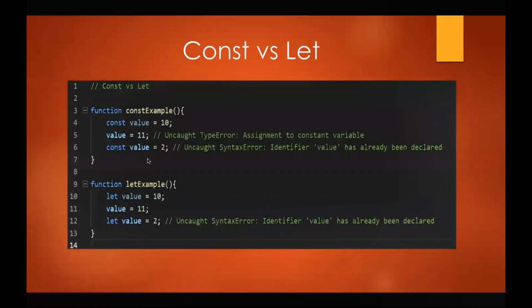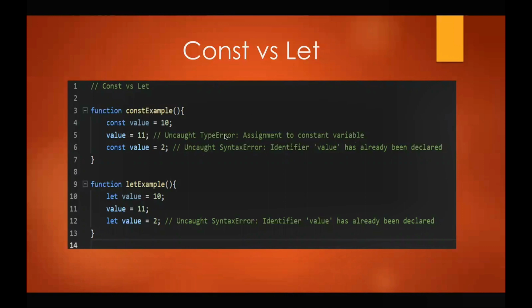So, function const example. In the function const example, we have a const value equal to 10. In the first statement, we are trying to reassign the value to 11. Because this is a const, an error comes that assignment to a constant variable is not possible.